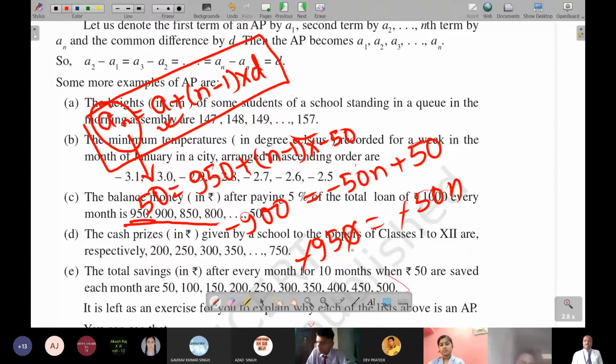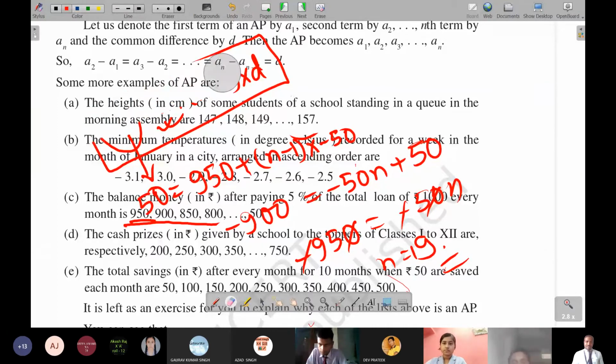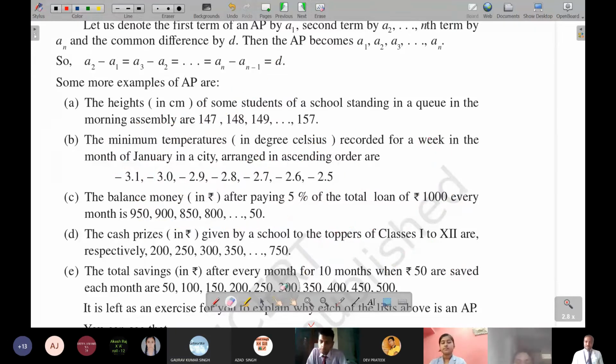Zeros got cancelled, 19 5s are 95, so n will become 19. So, understood everyone how to find? Yes, sir, such questions come.